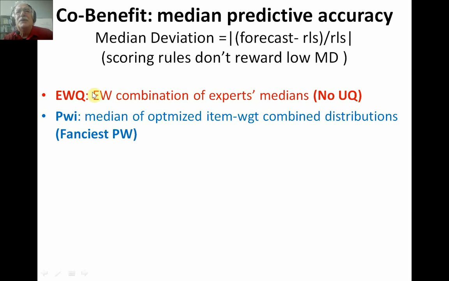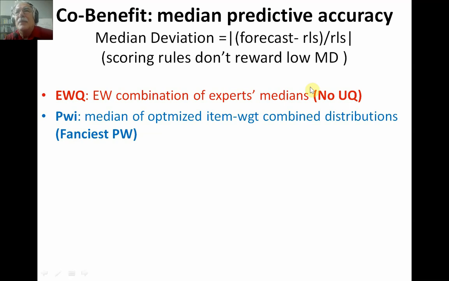We're going to compare two such forecasters. EWQ simply takes the experts' medians and averages them. This is sometimes called quantile averaging. That's why there's a Q here. So even though we have elicited the distributions from the experts, we're not going to use that. We're just going to take their medians and average them.